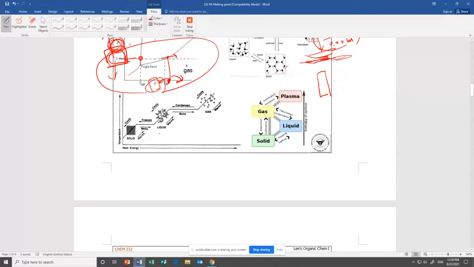Also, another phase diagram is this. We talked about how the boiling curve should be, right? The ideal boiling curve, or the simple boiling curve, or the fractional boiling curve. So somebody asked me, how do we make the curve?